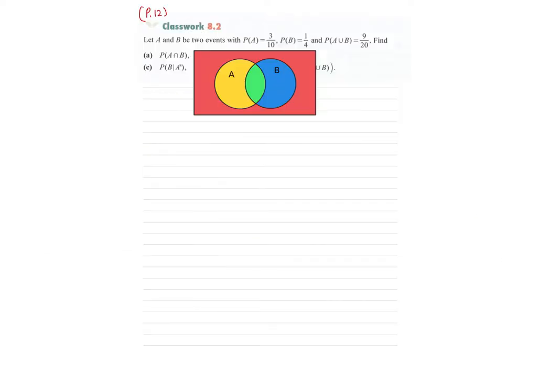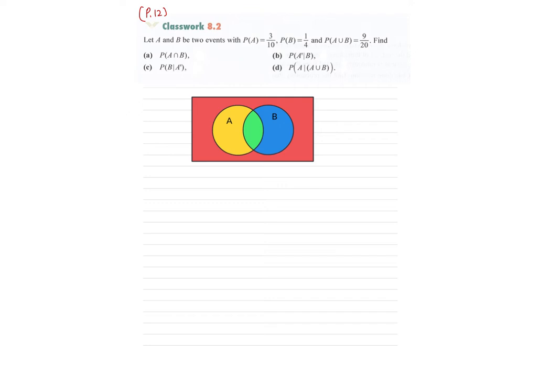Let's look at another classwork, 8.2 on page 12. You can see there are some given probability values. We can also use the Venn diagram to help. If I write the probability of A equals the yellow part plus the green part, this equals 0.3. And the probability of B is the green part plus the blue part, and it equals 0.25.